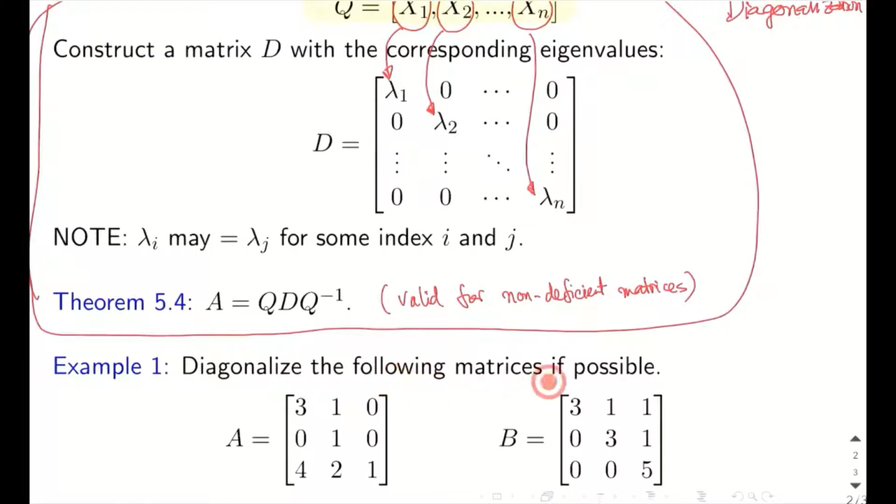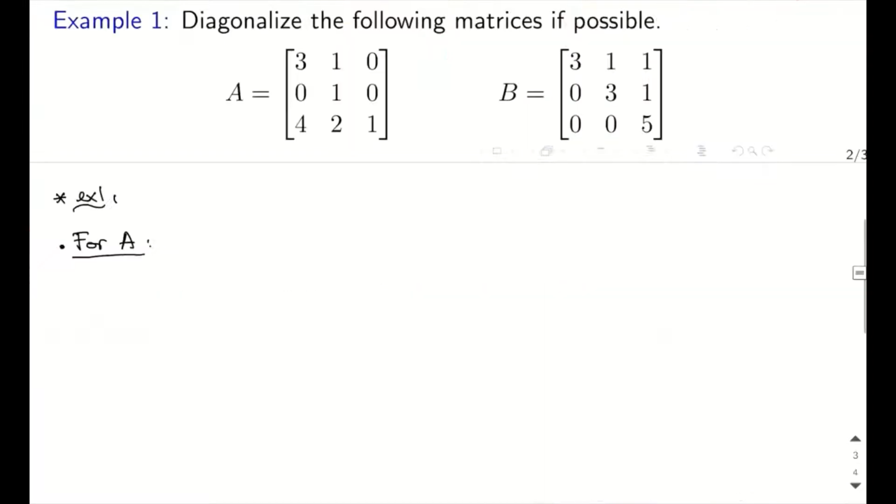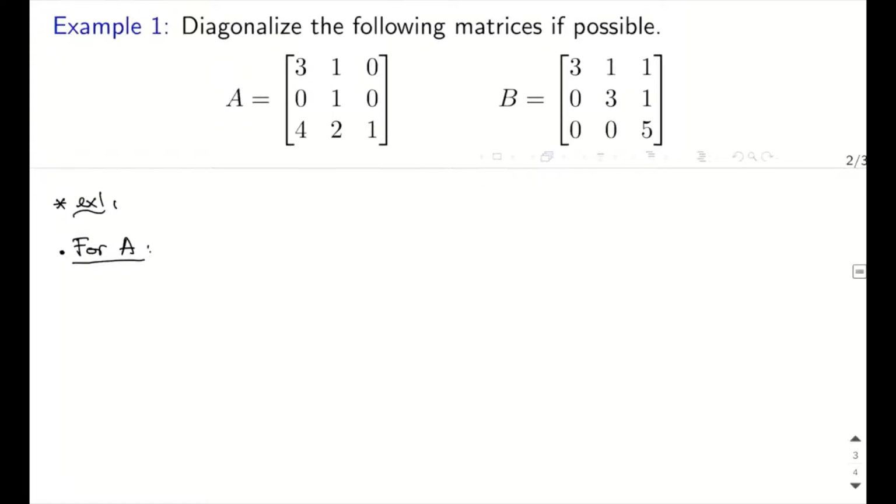All right, so let's consider one example. Diagonalize the following matrices if possible. If you still remember, A and B were the matrices that we have already shown for the eigenvalues and the eigenvectors. For A, we were able to get lambda 1 being 1 and lambda 2 being 3.